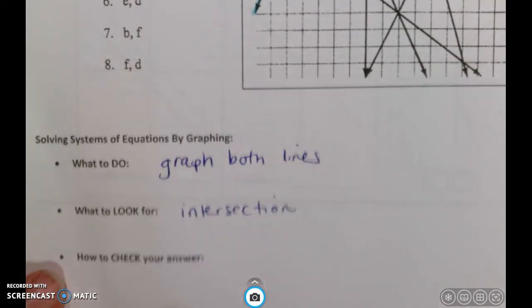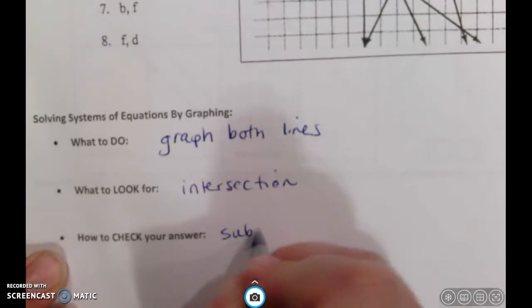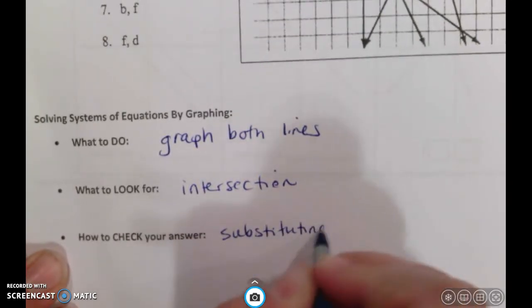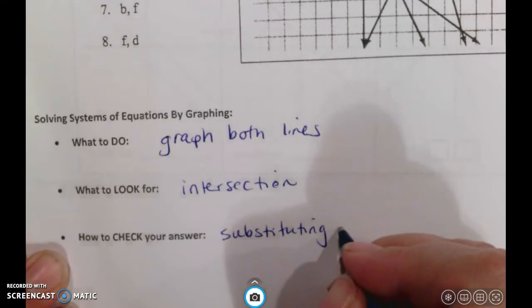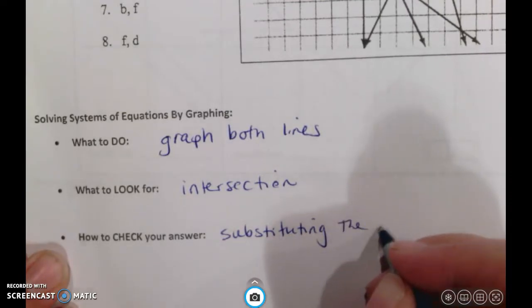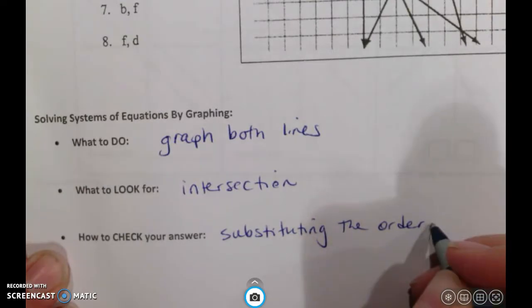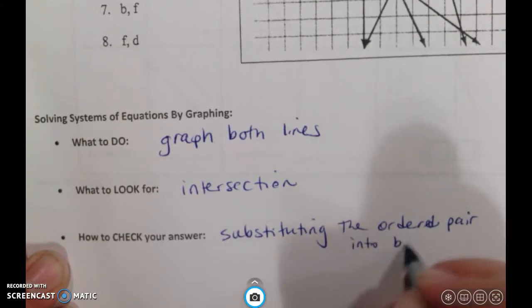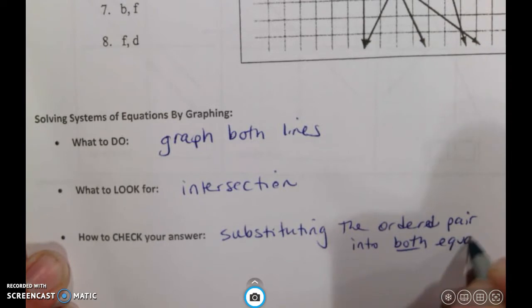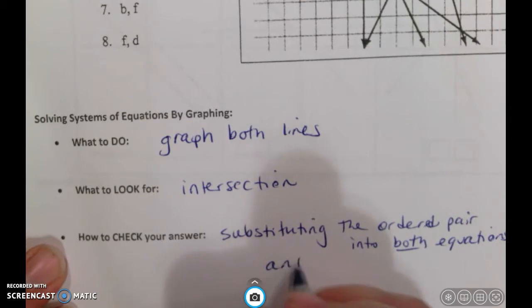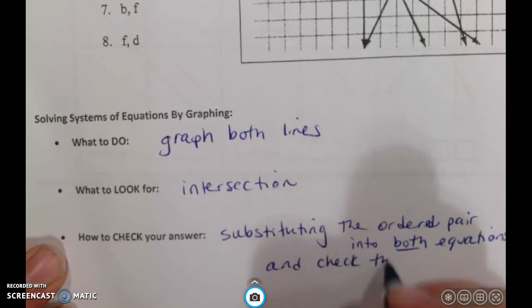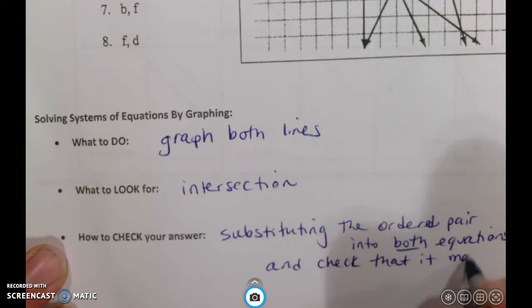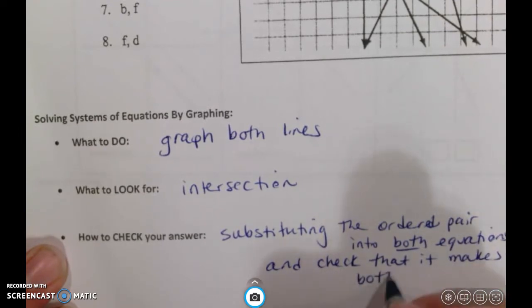Okay, and when you're all done, you can check your answer by substituting the point you found, the ordered pair, into both equations. All right, and check that it makes both true.